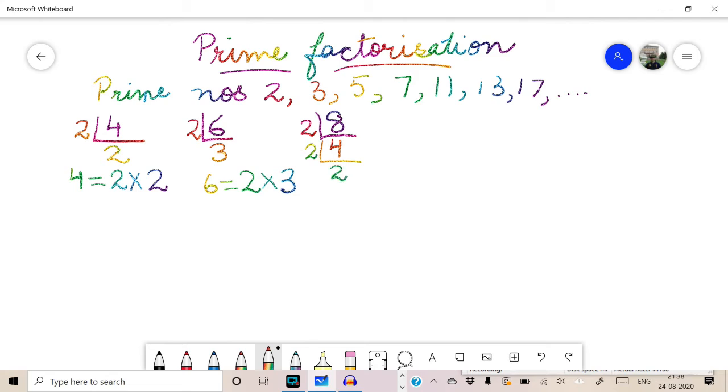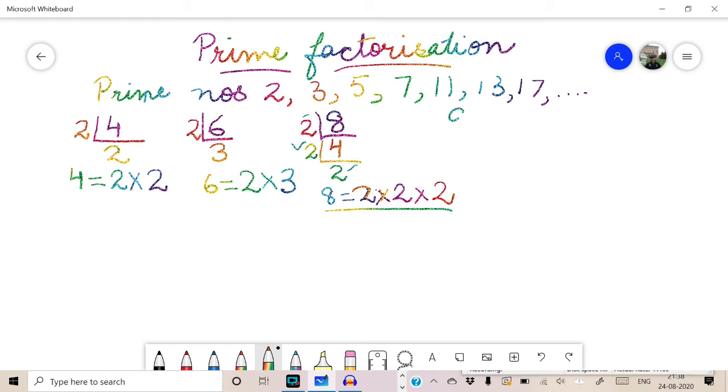Now this number, and this number. All three numbers are prime. So 8 is equal to 2 multiplied by 2 multiplied by 2. Now children, 2 2s are 4, 2 4s are 8. So 8 has been changed into its prime factors.